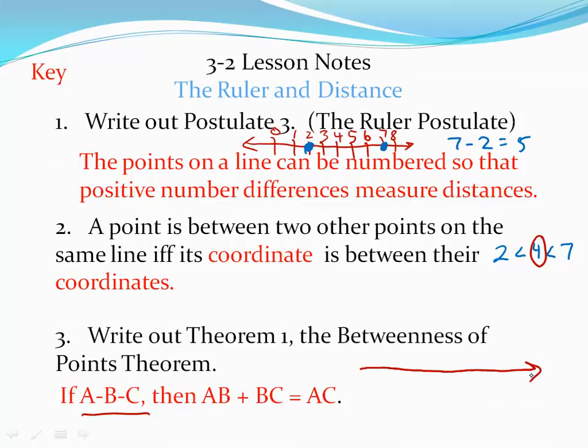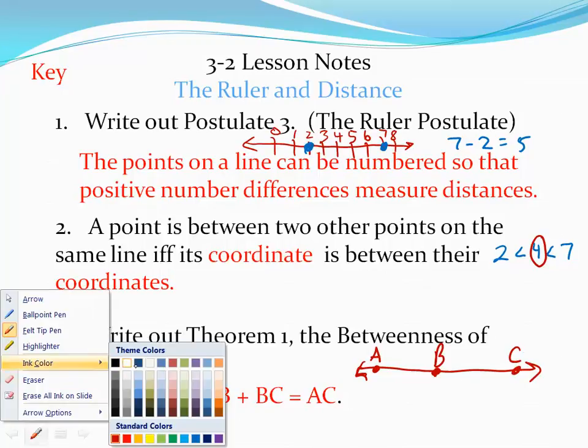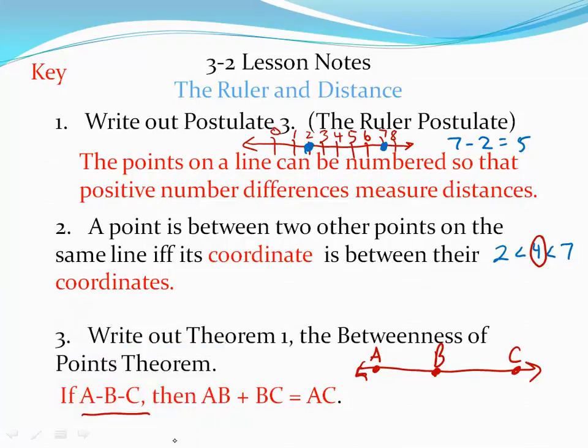So let's say we have this line, and we have point A on this line, point B on this line, and point C on this line. Is B between A and C? Yes, it is. We could even put some coordinates on there if we wanted to show it mathematically, but we can see visually that B is between that.